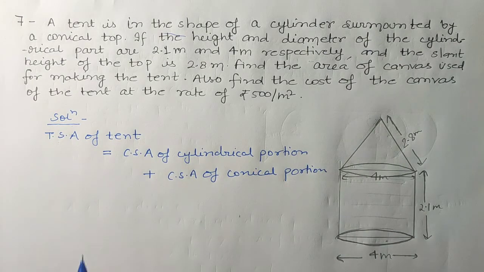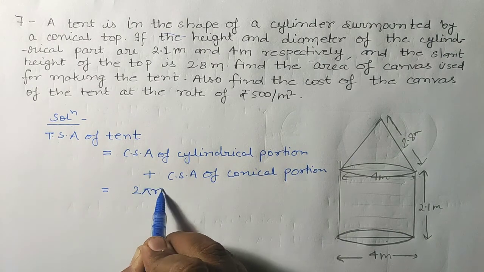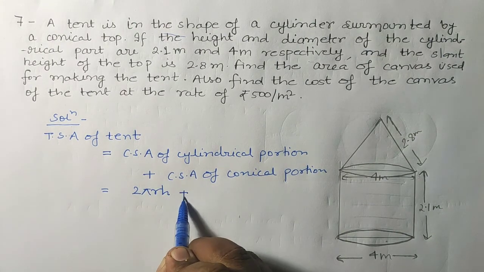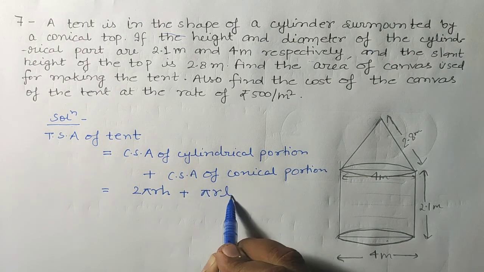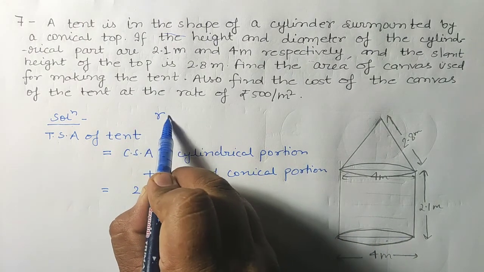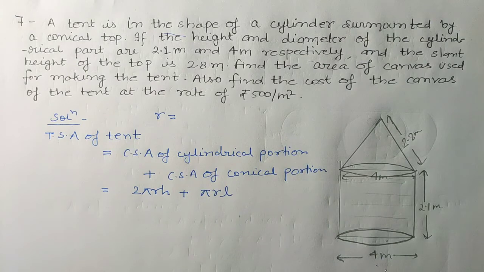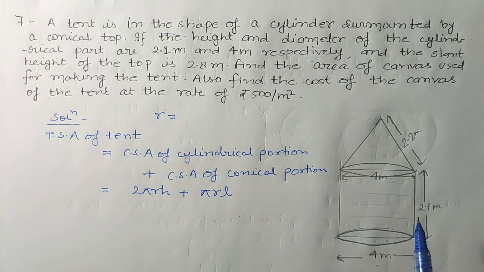Okay, so the curved surface area of the cylindrical portion is 2 pi r h, plus the curved surface area of the conical portion is pi r l. And here we have to see that the radius of the cylindrical portion as well as the conical portion will be the same.